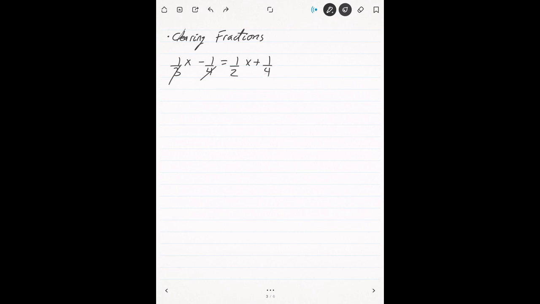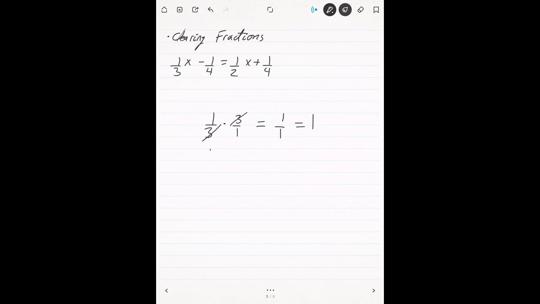What I mean by that is, think about if I had 1/3, let me rewrite that. If I had 1/3 and I multiplied that by 3/1, don't the 3's cancel out and we're just left with 1/1 or 1 itself?